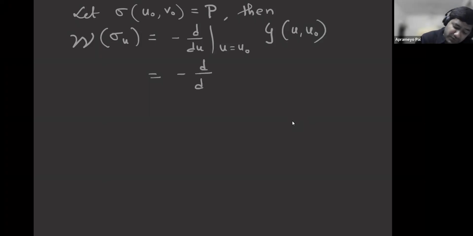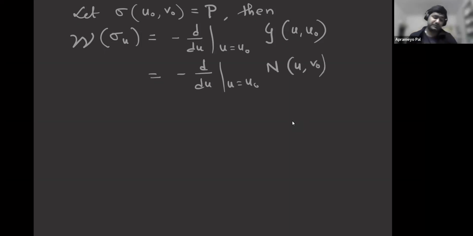Now, what was the Gauss map? The Gauss map was essentially the unit normal vector at that point, so this will be N at U0, V0.